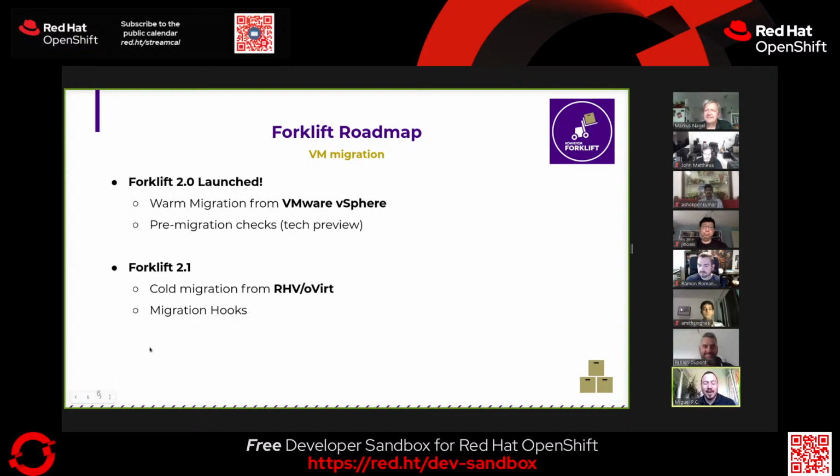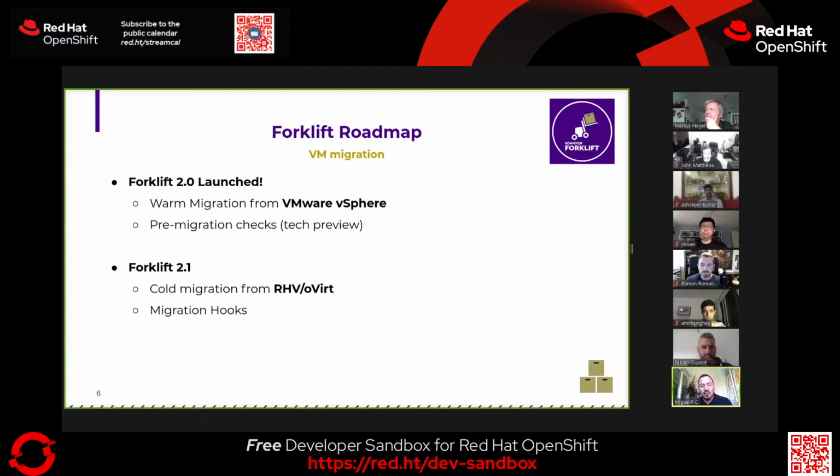We launched Forklift 2.0. It's finally GA. So what does it come with? It can do migrations, of course. As Marcos has just explained, we are moving virtual machines from a source to a target, the target being Kubernetes with KubeVirt. So if you have KubeVirt, you will be able to bring your VMs there. And what we have added as the source initially is VMware vSphere, and we are also doing pre-migration checks of the virtual machines.